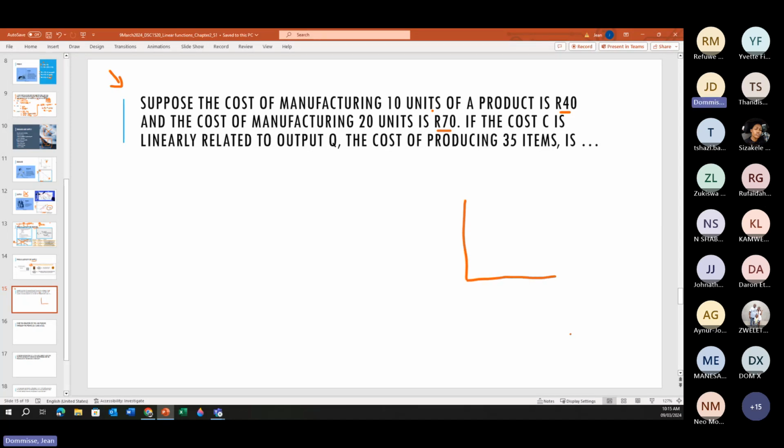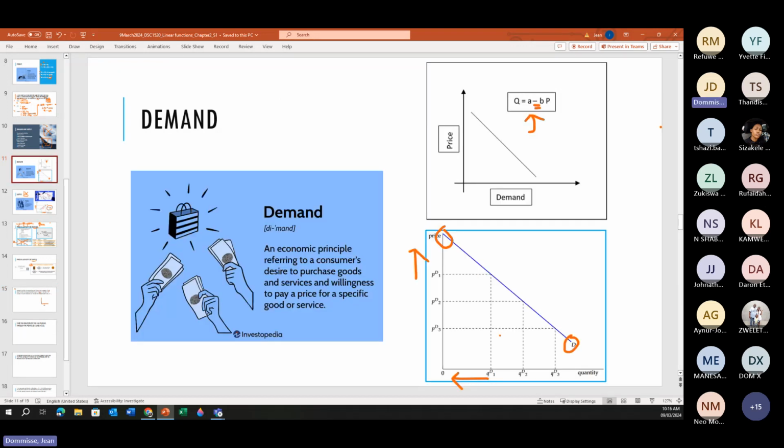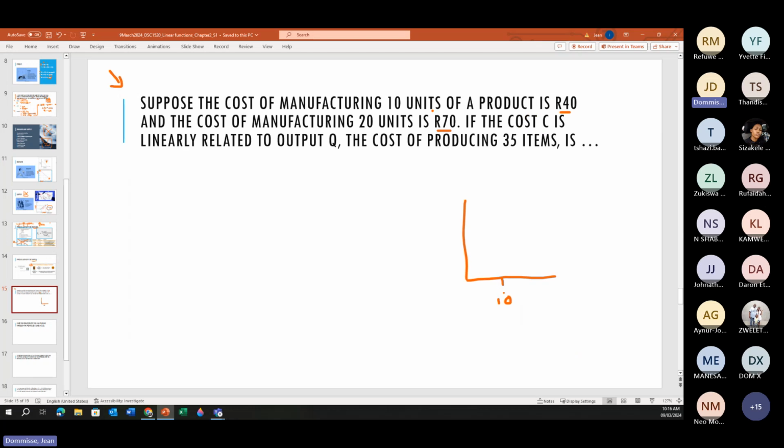So basically, they're giving us, and again, I love things to be visual so that I can make sense out of it. So they've told us, suppose the cost of manufacturing 10 units, and when we look at that, always quantity on the x-axis, price on the y-axis.